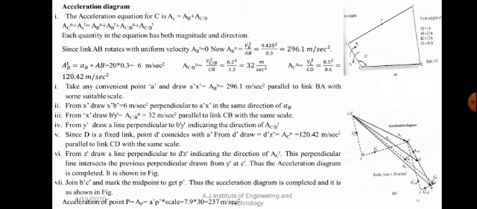Now from X dash, same point, or from X dash or A dash, you draw a line parallel to link CD. This is nothing but a_NC.